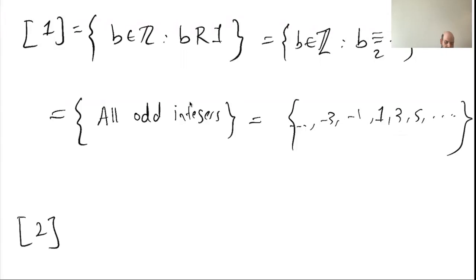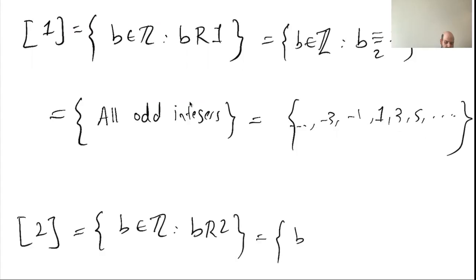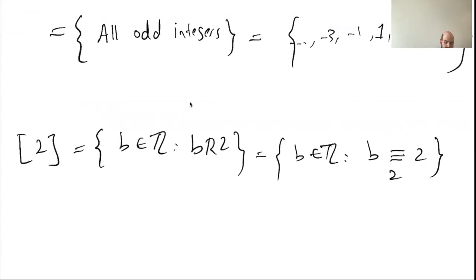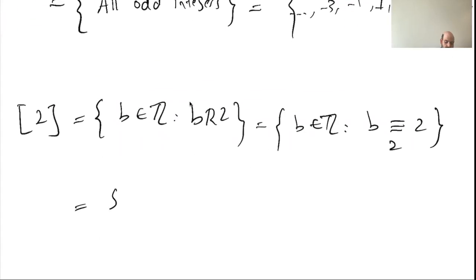Similarly, equivalence class of 2: all B in Z such that B R 2, which means all B in Z such that B is congruent 2 mod 2. And this is the same as saying that B is congruent 0 mod 2, right? Because 2 itself is congruent 0 mod 2. The remainder of 2 when divided by 2 is 0.